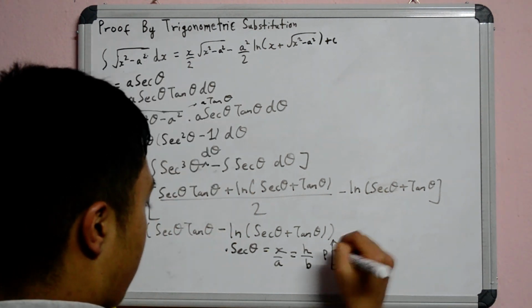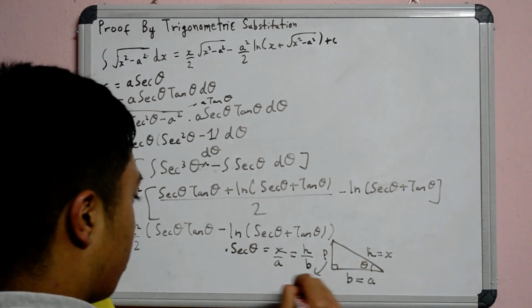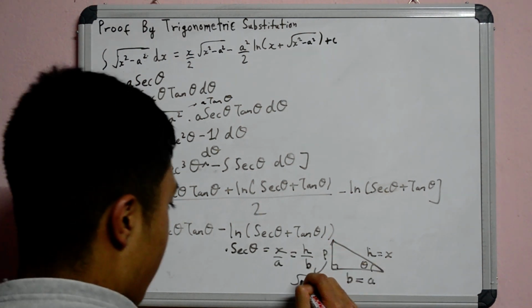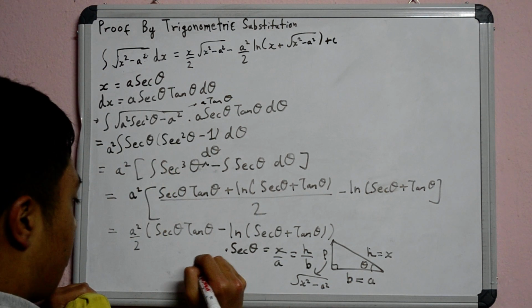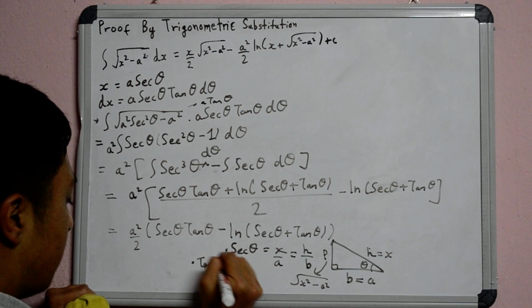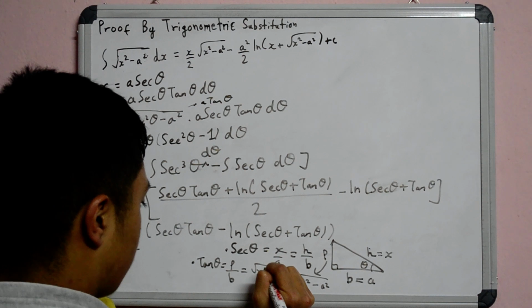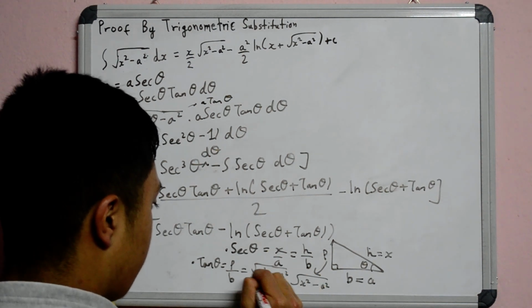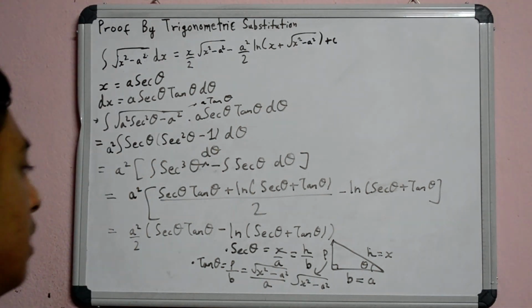Base is a, hypotenuse is x. So that makes our perpendicular root over x square minus a square. So we have found our perpendicular, and all we need to find is tan theta. So tan theta is perpendicular by base, which is root x square minus a square by a.